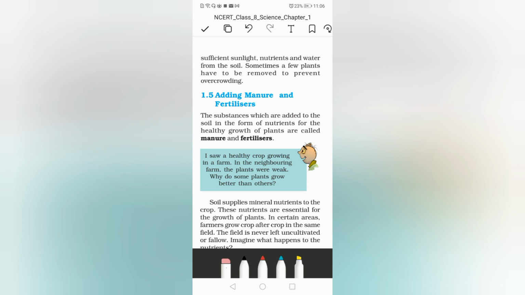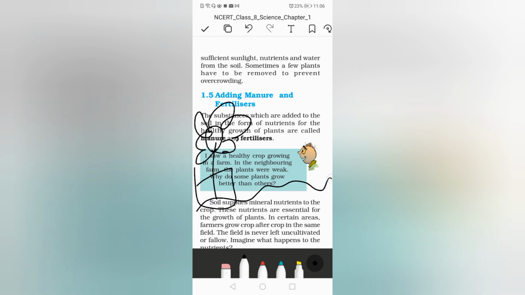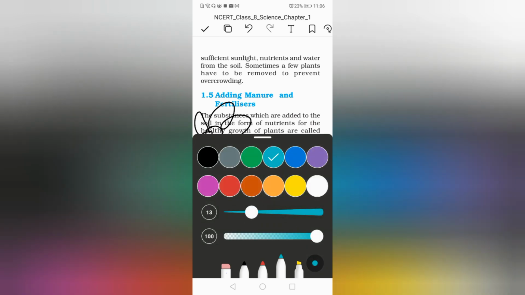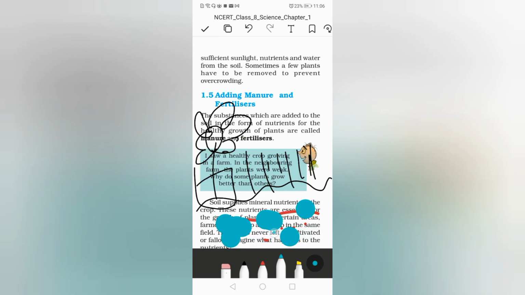What this paragraph basically means is that if I have a plant over here, suppose this is a plant. Sorry, my drawing's really bad. This is the soil. You cannot keep too many plants in one place because the soil has only a limited amount of minerals and nutrients.